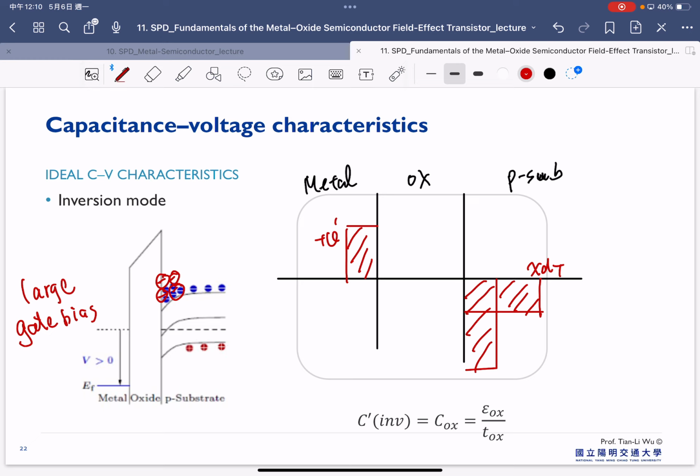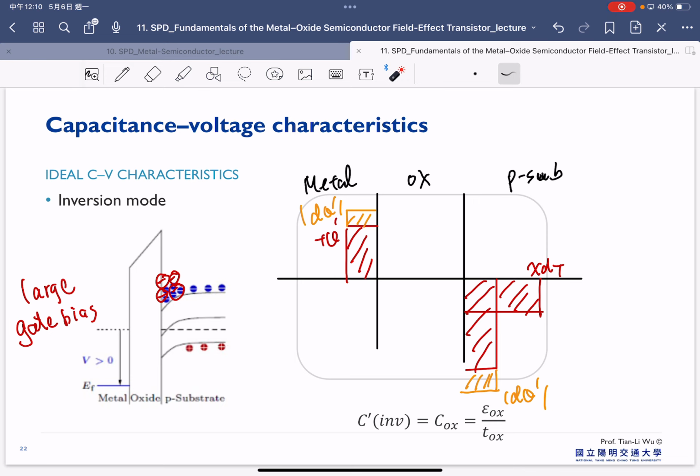Now if you consider the AC case, we apply the additional AC, that will be dQ prime here, and that will create the additional dQ prime at this region, because now whatever additional bias only influences the surface charge density here rather than the depletion width anymore, because the depletion width has already reached the maximum.